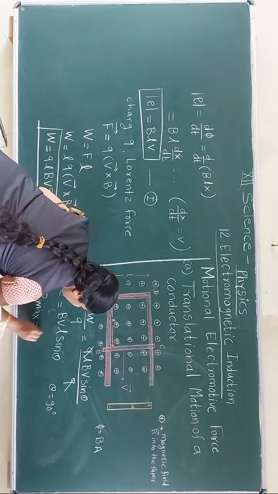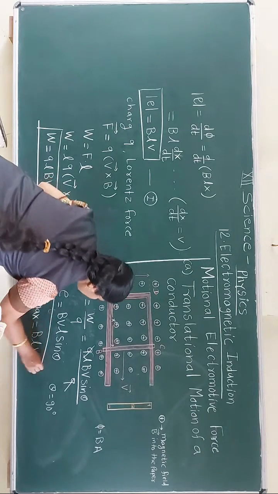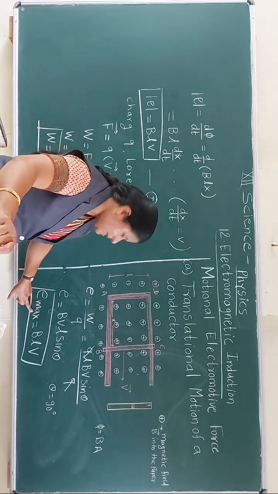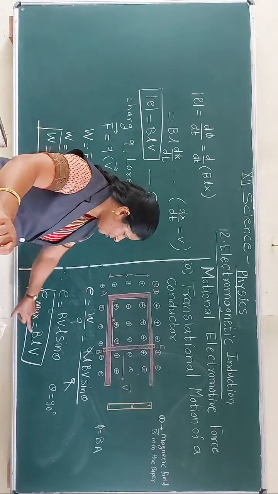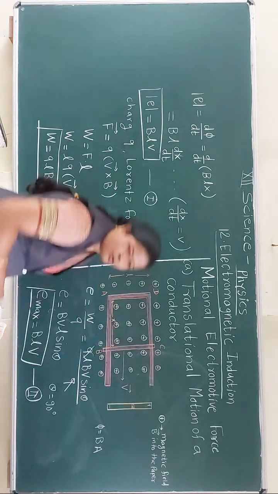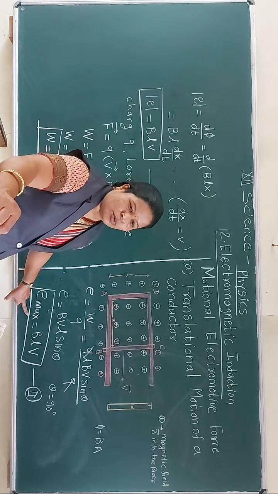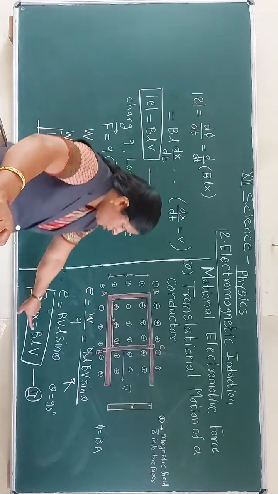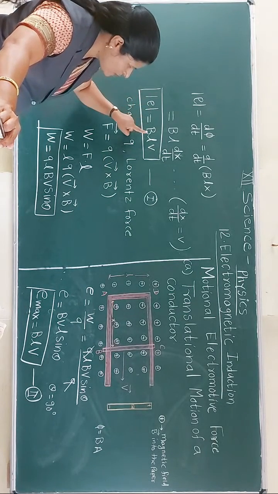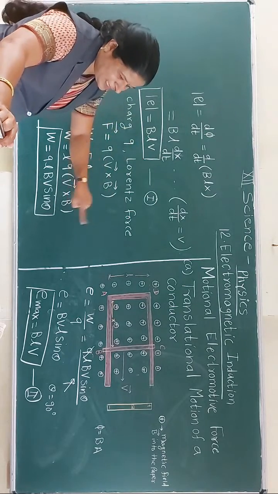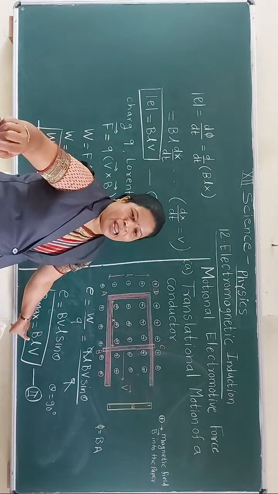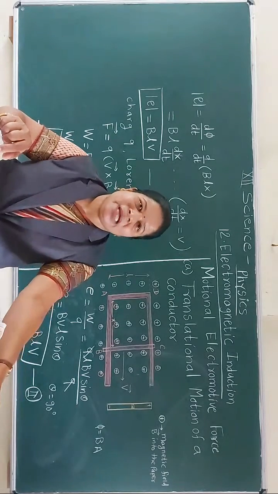E max is equal to B L V. We get the maximum value of EMF, E max is equal to B L V, the same equation.